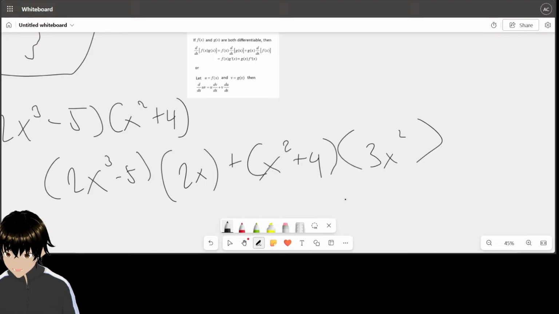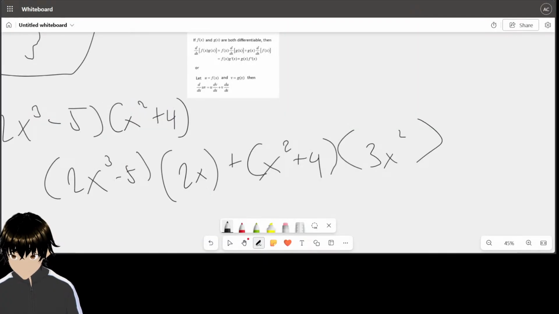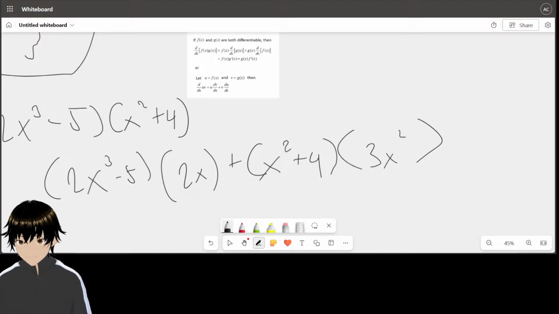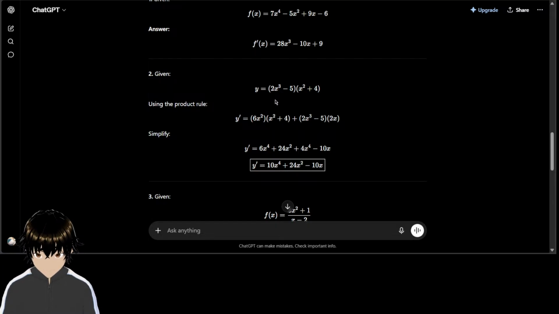Is that how you do it? I don't really know how this works. You have to multiply them? It's not telling me anything. How did it turn to 6x squared?